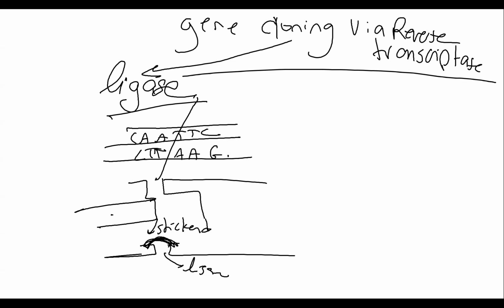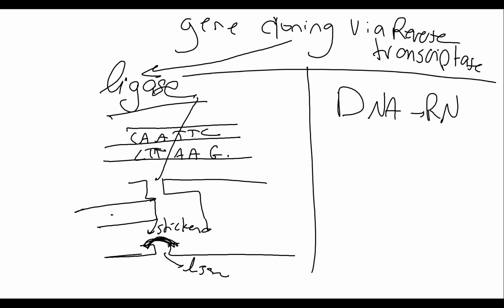So this is gene cloning via reverse transcriptase. What does the reverse transcriptase do? We already studied that DNA after transcription becomes RNA, and RNA after translation becomes protein. What does reverse transcriptase do?